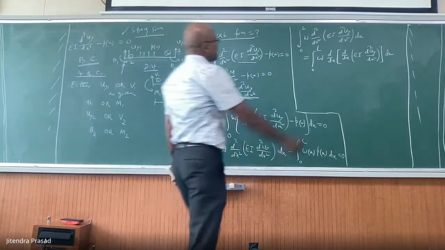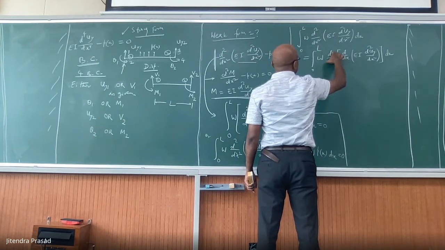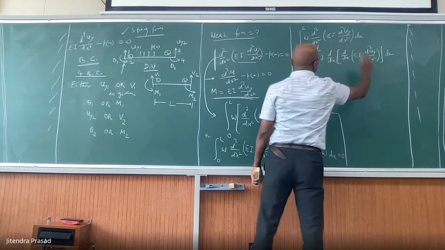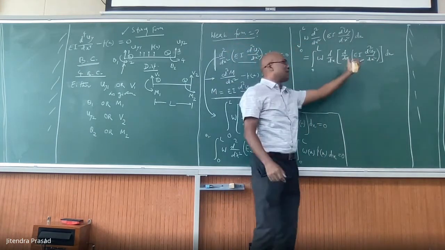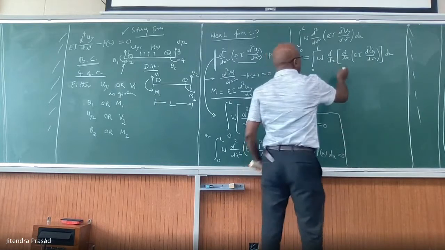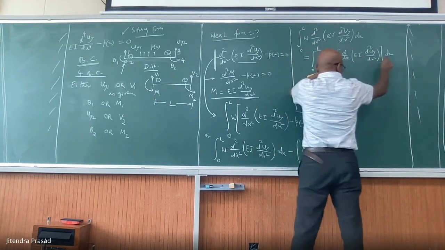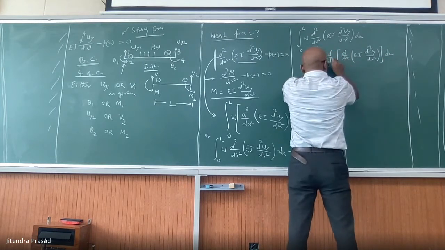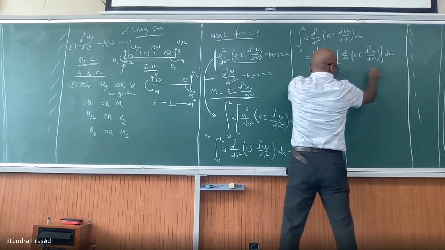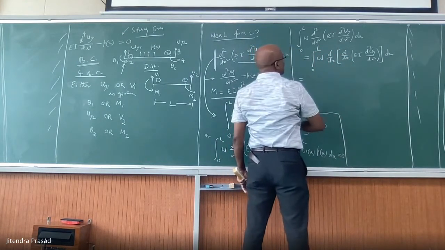So what I did, I divided this into two parts: d over dx here, multiplied by d over dx of this. Why? Because now we can do integration by parts easily. You know the trick, right? You have dx here, dx here. This is in a way W times d of this, the whole thing.